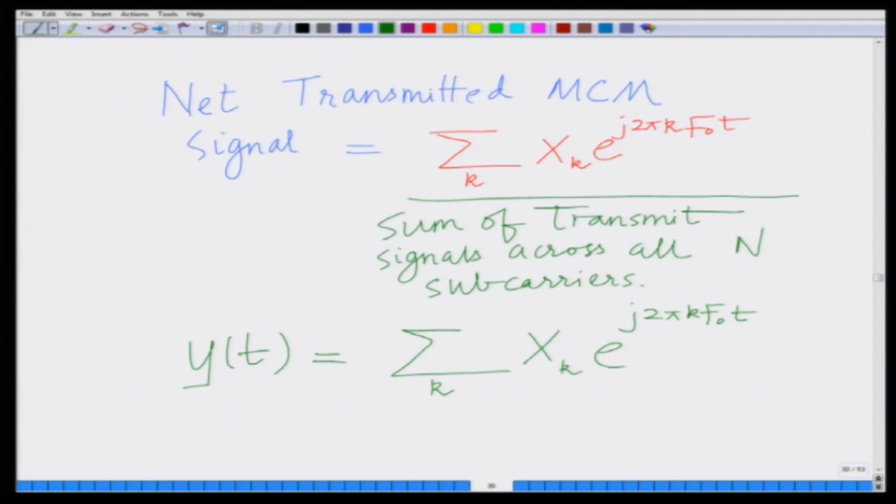What I am saying is, I am taking the signal across each subcarrier, I am adding up these transmit signals across the different n subcarriers, and therefore, I have summation x_k e raised to j 2 pi k f naught t, right.